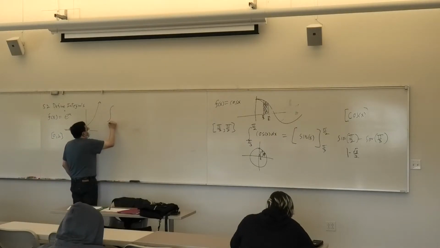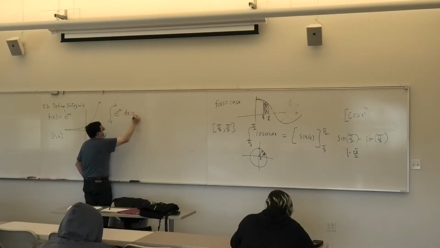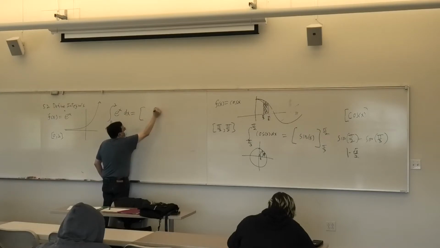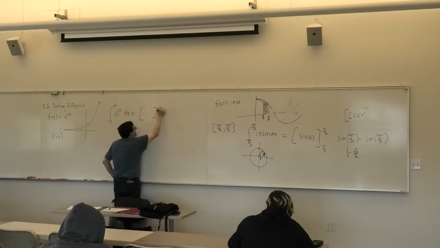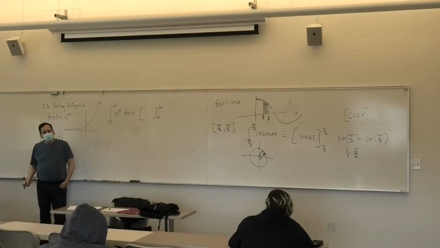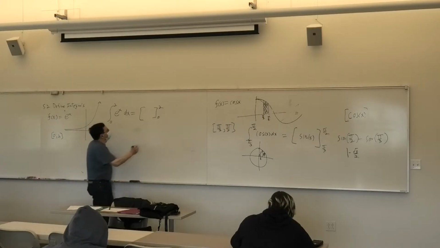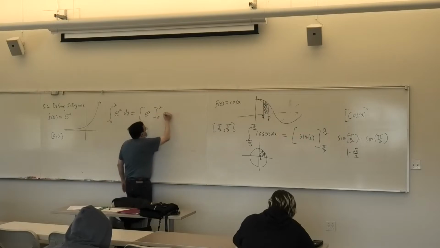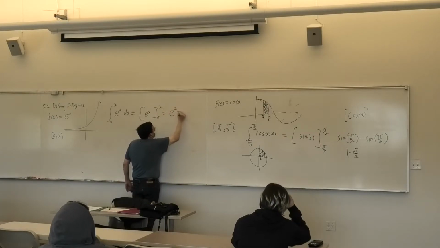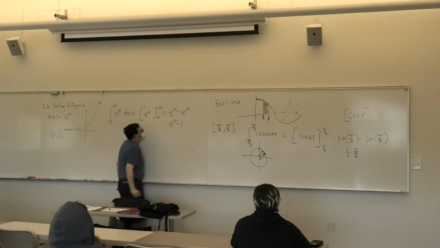So we write that integral from 0 to 2 of e to the x dx equals, and then some antiderivative. This should be the antiderivative of e to the x. Yes, oh, lovely. So this just becomes e squared minus e to the 0, which of course is just e squared minus 1.